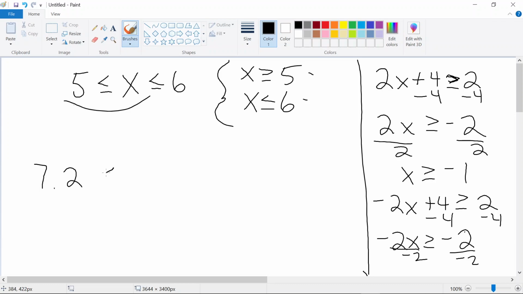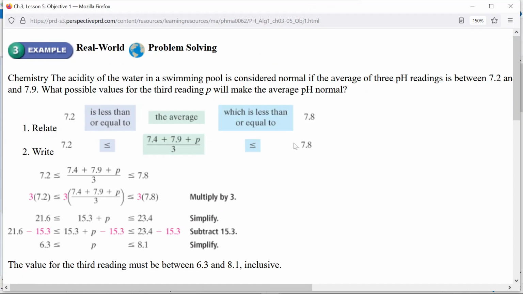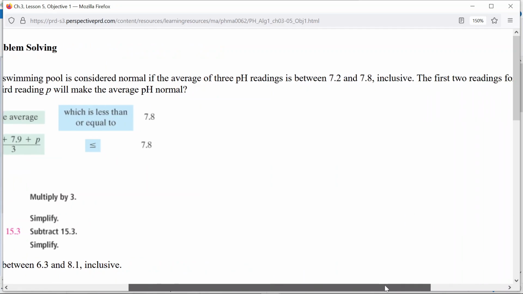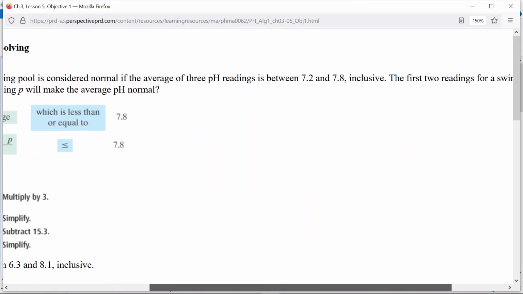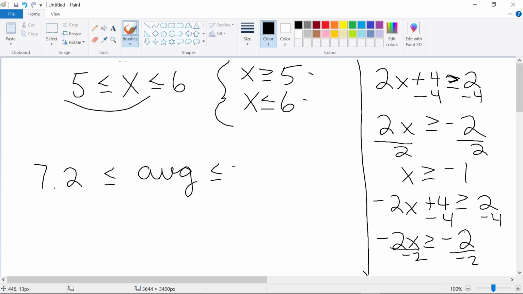So 7.2 is less than or equal to, inclusive means or equal to, the average is less than or equal to 7.8. There. I don't know where I got 7.9 from.